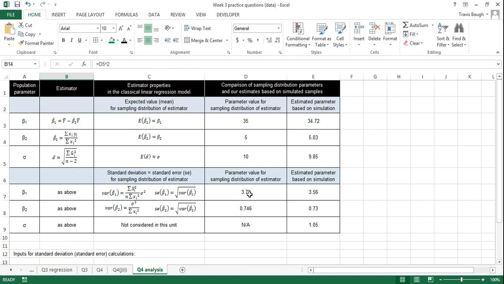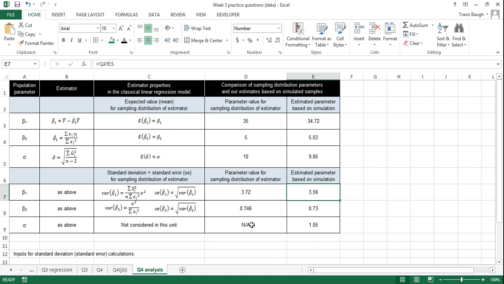I'm using these formulas to work out what the theoretical standard deviation is for our estimates of B1, and here they are. Then I'm comparing that to the standard deviations that we came up with in our simulation exercise. And in both cases, you'll see that our simulated standard deviation estimate is very close to the theoretically true value.